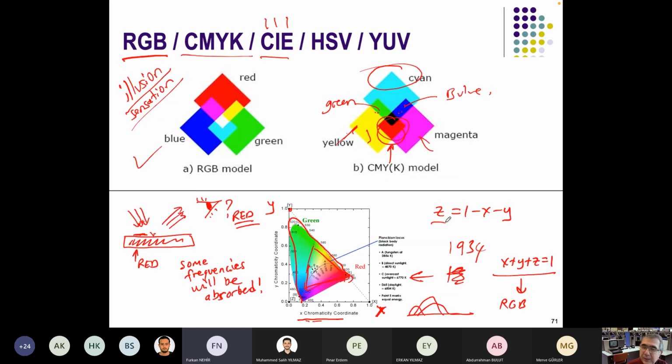One thing is, in the CIE chromaticity diagram, there are complementary colors. For example, colors from this part and this part are called complementary because there is a white in the middle.